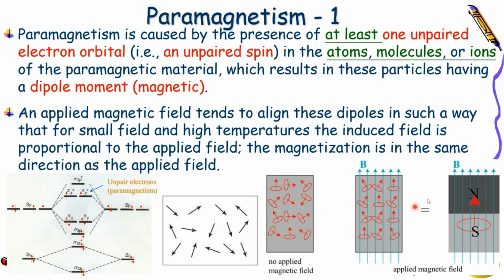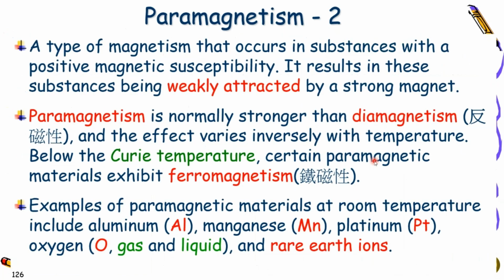Okay, this is paramagnetism. If you want to find materials with this kind of magnetic property, you look for materials that have unpaired electrons. Paramagnetism is only weakly attracted, compared to ferromagnetism, which is a truly magnetic material, and diamagnetism, where there is no magnetism at all.